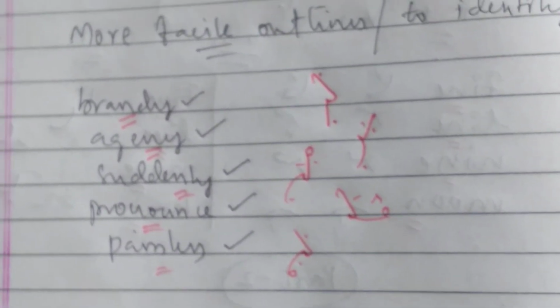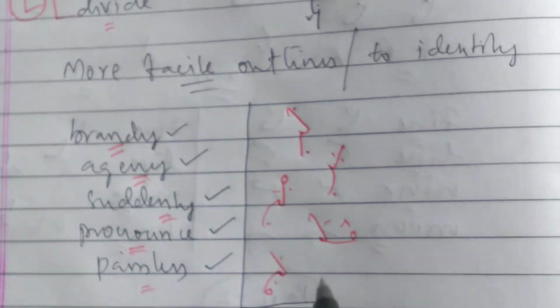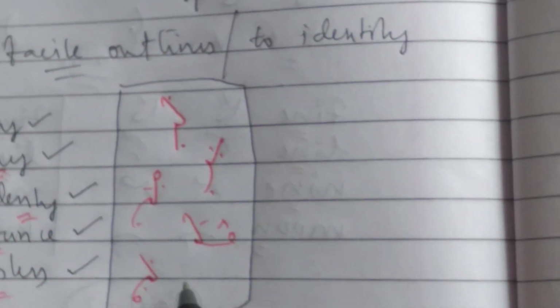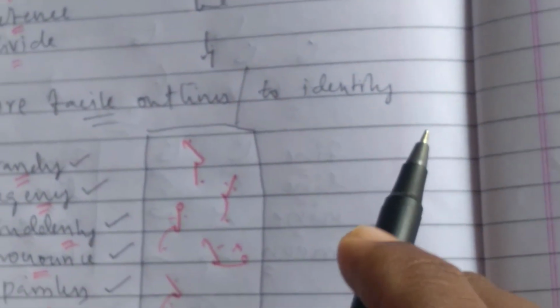Okay, my dear friends, I think you are getting one doubt here, no? What you are thinking is absolutely correct, there is no doubt at all. But what I wrote here is for more facile outlines, for easy identification.